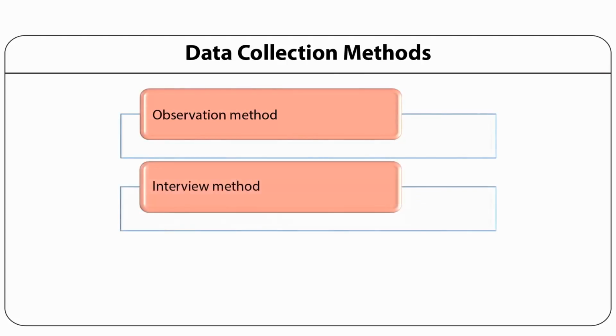Now come to data collection methods. In a library, we normally have three types of data collection method: the observation method, the interview method, and the questionnaire-based method. The observation method is a field-based method where library staff actually go to the user, observe, and take notes in their own diary.